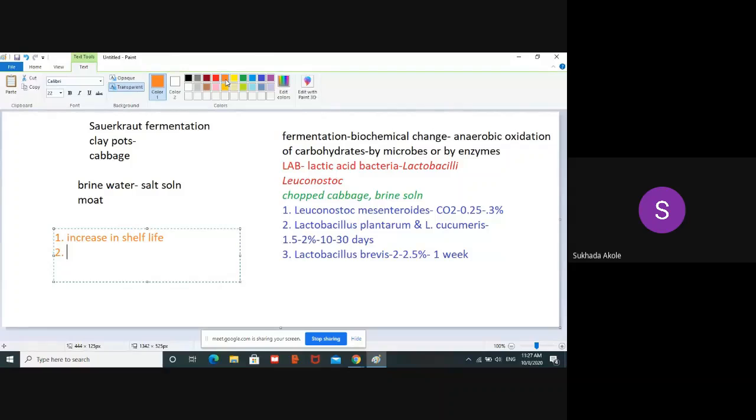Another important benefit is that your food is full of good bacteria, right? Lactobacillus are good bacteria, so they will make your gut healthy. All right. Plus, third thing that is happening here is this fermentation also increases the enzyme content of the food.